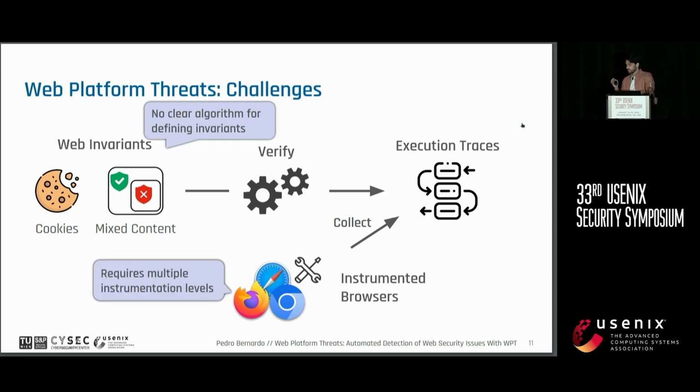Then, regarding the instrumentation, collecting relevant and interesting events is tricky because they can occur at different levels within the browser. So a complete instrumentation must be multi-layered. For example, if you want to track JavaScript API calls, we can do so through the DOM or at the engine level.